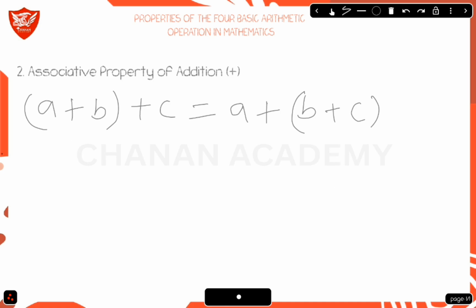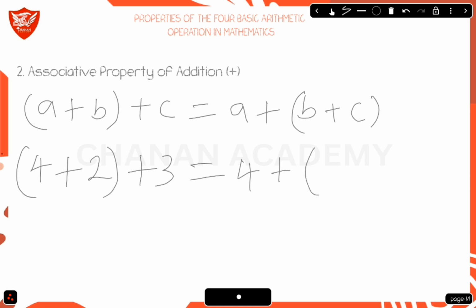Alright, so let's say A is 4, B is 2, and C is 3. So according to BODMAS mathematics, we solve the elements in the bracket before we solve what is outside the bracket. Don't worry, we'll talk about BODMAS in our later video.